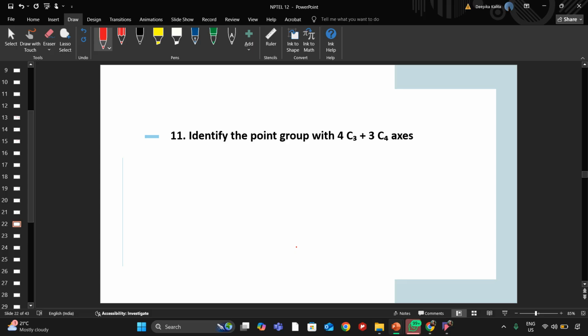So in the next question, we have to identify the point group of a crystal having 4 C3 operations and 3 C4 axes of symmetry.